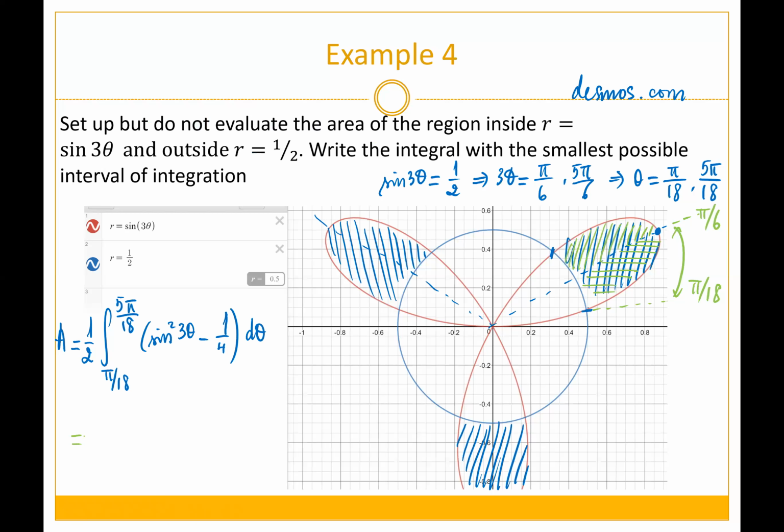And so if you want to shorten it, you multiply this one by 3. So you're going to have 3 multiplied by half multiplied by 2, because you double this green area.